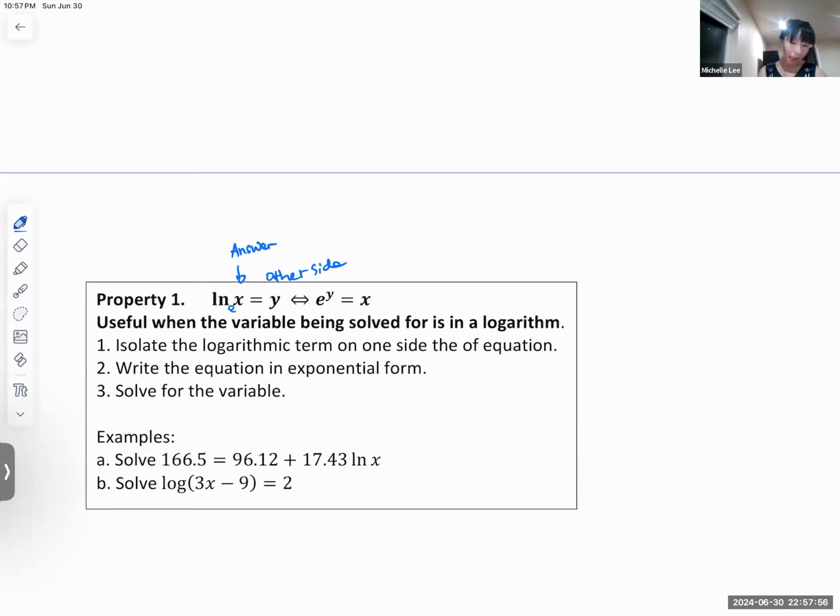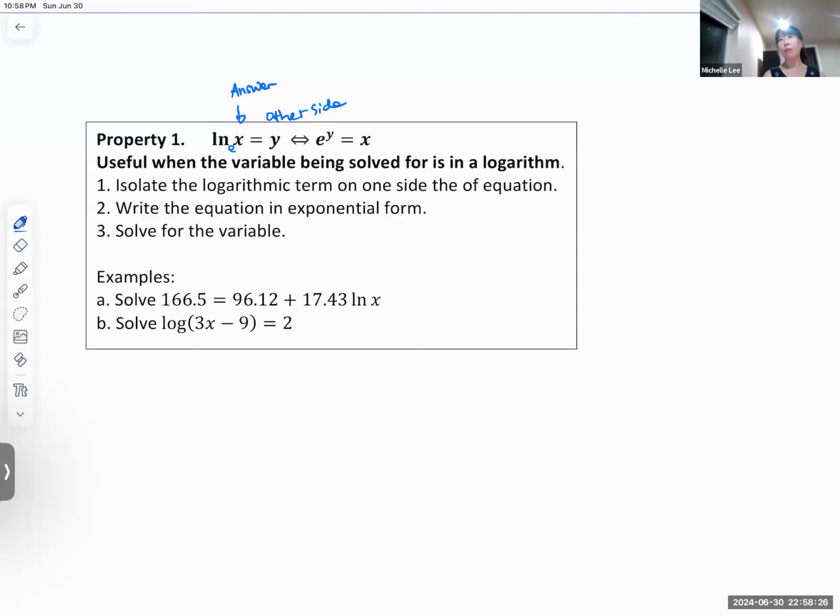So base e to the other side, which is y, equals x, yeah? All right, now we need to solve logarithms. So isolate the logarithmic term on one side of the equation, write the equation in exponential form, and solve for the variable, right? Okay, let's do this one.